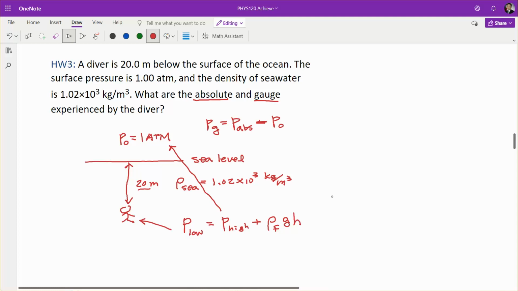So the absolute pressure is the true pressure that includes the atmosphere pressure. If you do the gauge pressure, you subtract the air pressure. You only look at the pressure due to the sea water. So that's how you find the difference of these two.